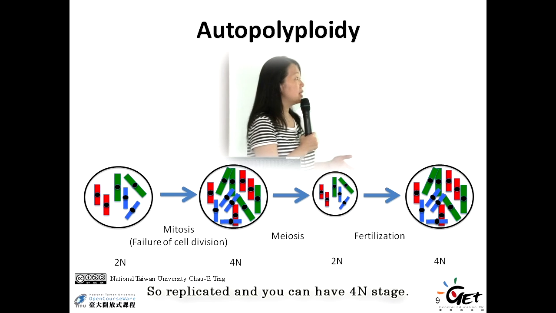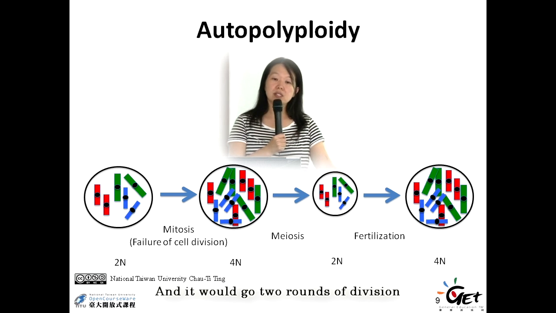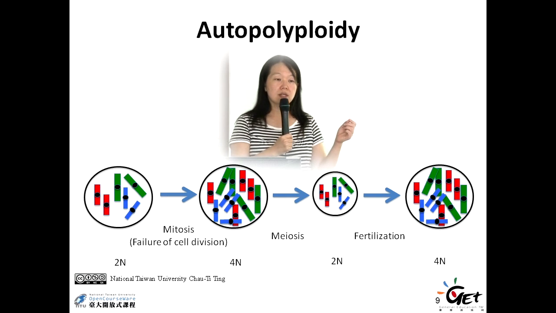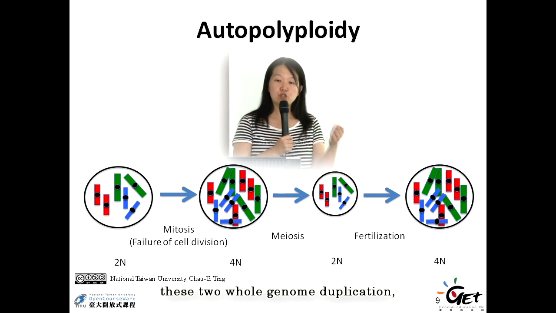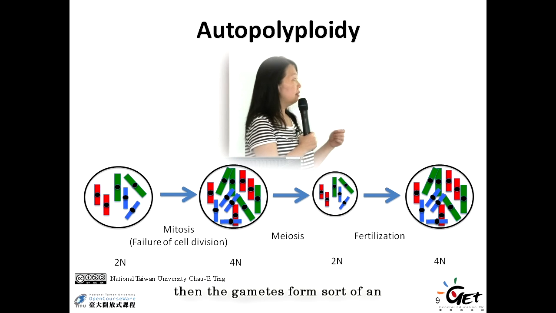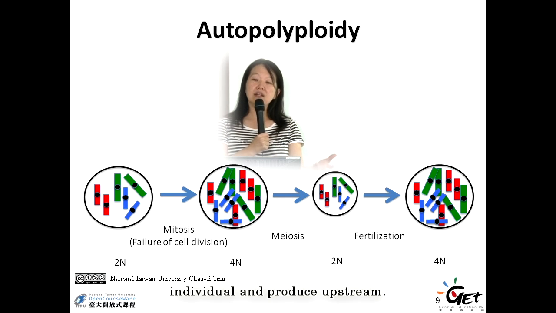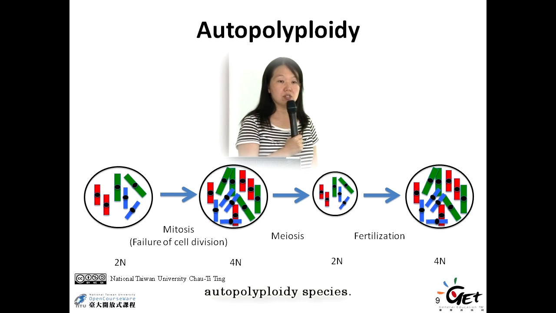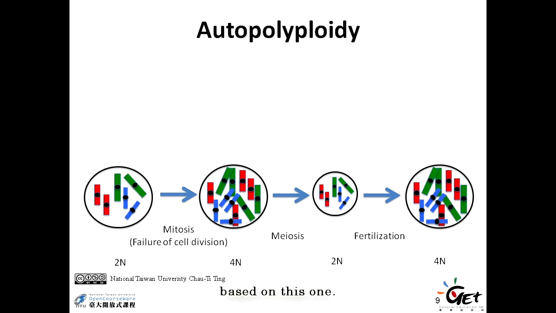So they replicate, and you have a 4n stage, and they go through two rounds of division and form the haploid. In this process, if a mutation occurs that leads to whole genome duplication, then the gametes form an individual and produce offspring. Then in this case, we'll have an autopolyploid species. So tetraploid is one of the simple examples of this.